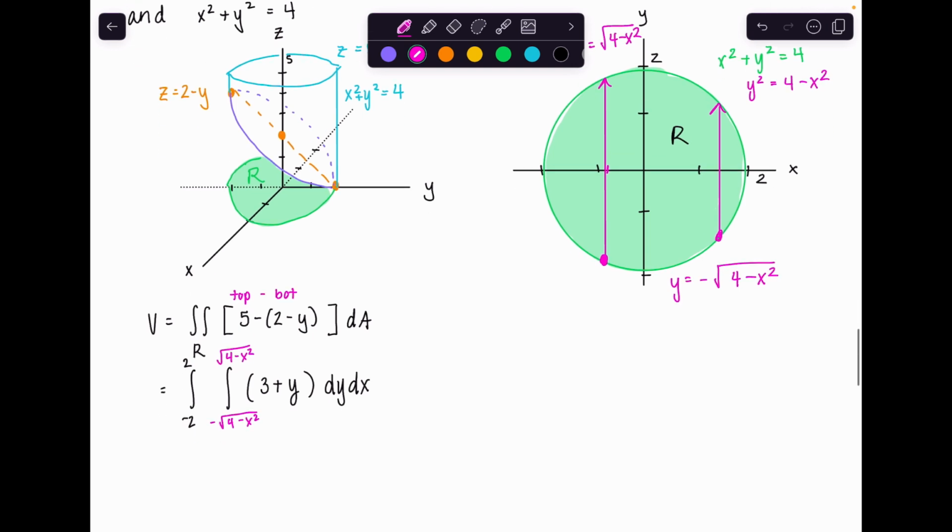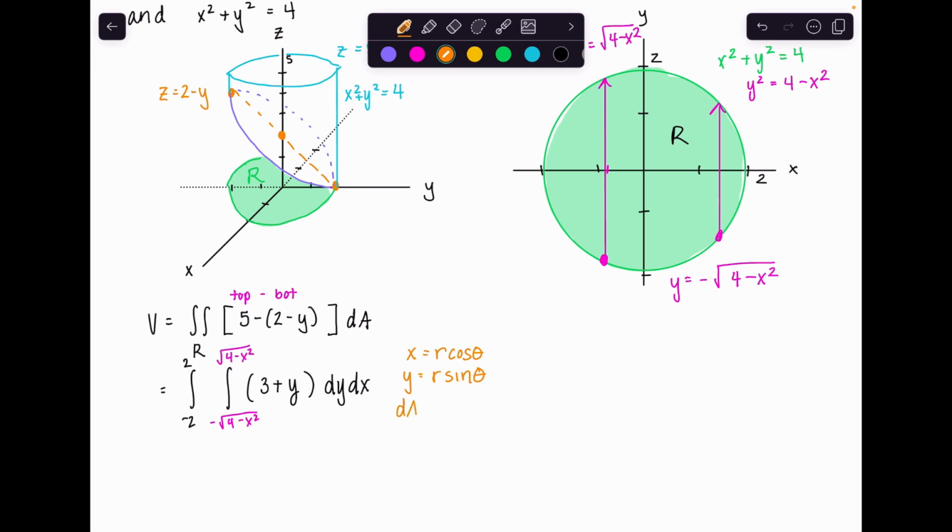So instead, since I have this circular region, let's switch over to polar. On the inside, we're going to switch x by r cosine theta, and y by r sine theta. I don't have x squared or y squared, so that's not a problem here.